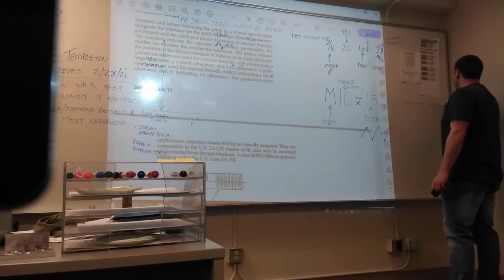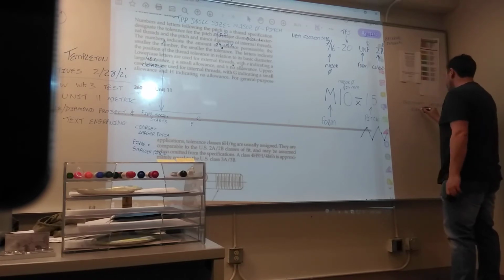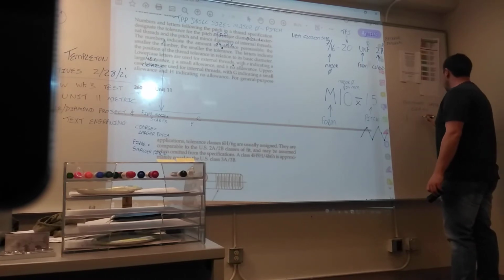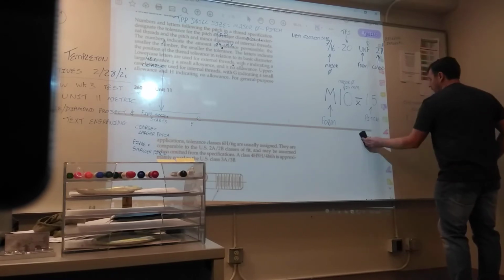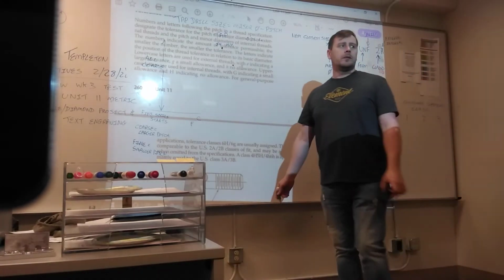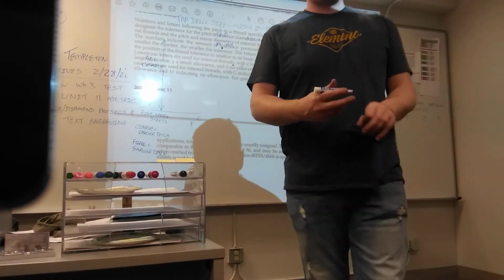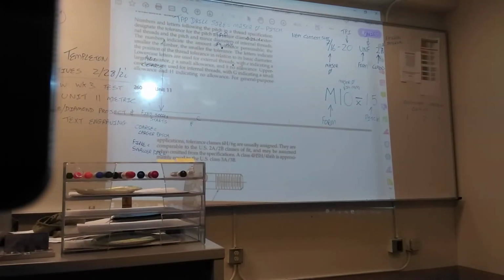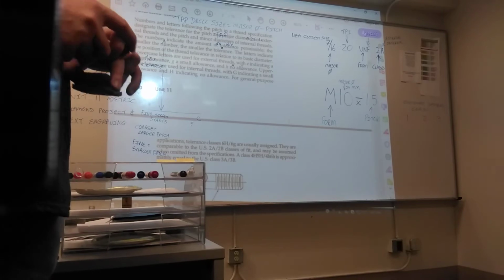Three. Class 1 is the worst, the loosest, most tolerance. Class 2 is your typical, and then class 3 is almost interference. What does interference mean? It's really tight. You've almost got to force it on there. It's designed to stay on there.